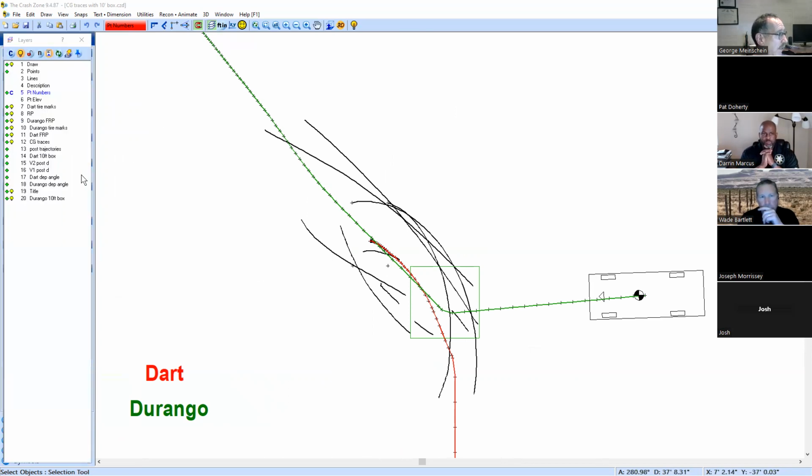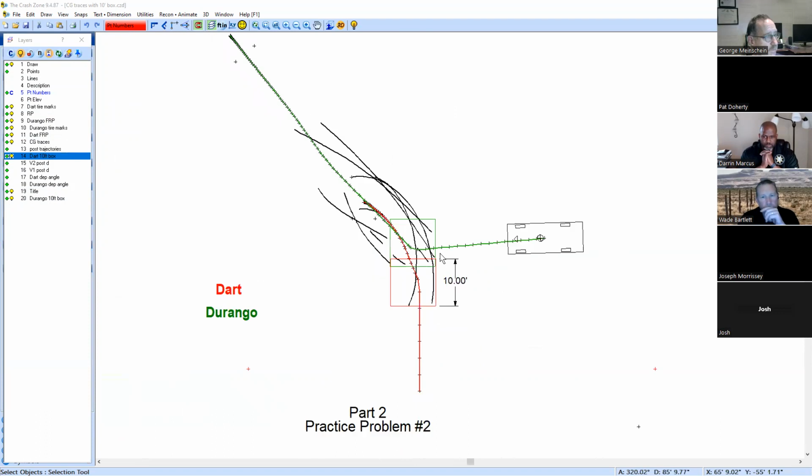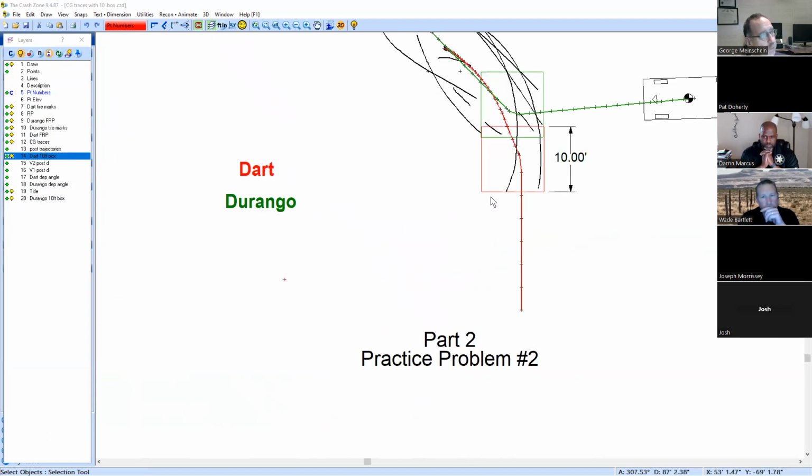me bring back the Dart 10-foot box and show you guys. I mean, when I first started doing this, literally what I did, I took the 10-foot box and I said, okay, here's the tire marks, that's the right rear, left rear, and the front's for the Dodge Dart.